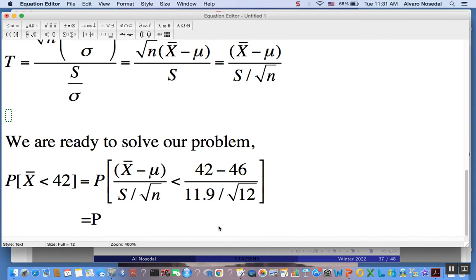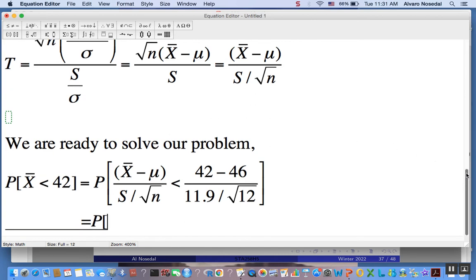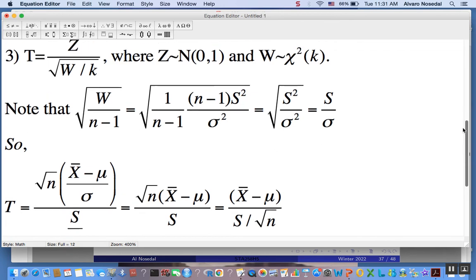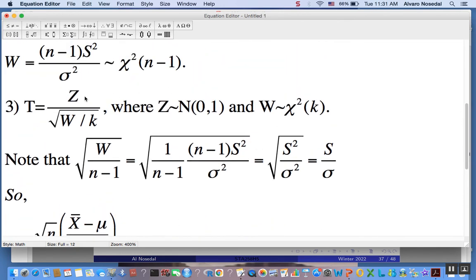And then our observation is that this is the same as trying to find the probability that a t distribution with n minus 1 degrees of freedom, right? Because this guy here has a chi-square distribution with n minus 1 degrees of freedom, so that t distribution will have n minus 1 degrees of freedom.